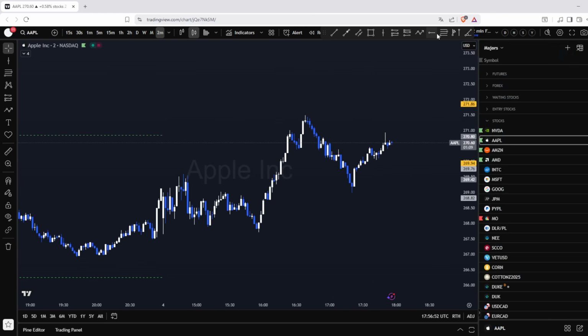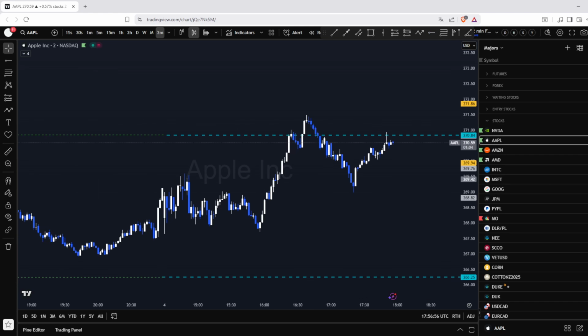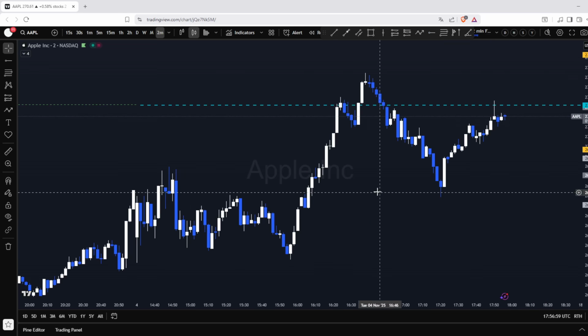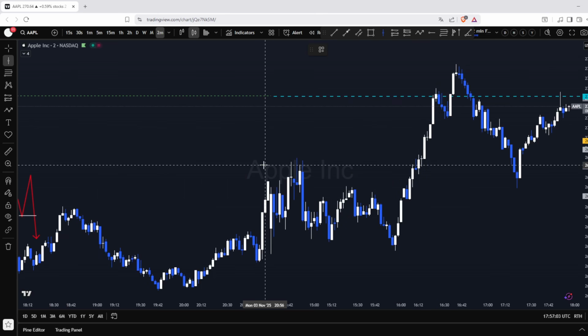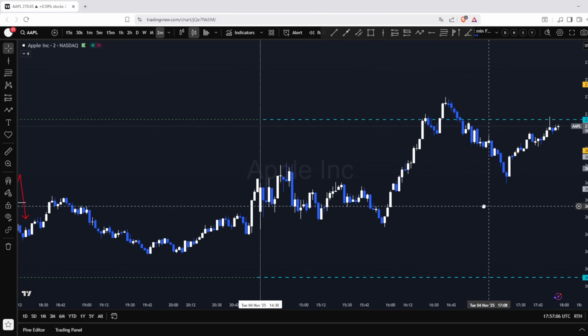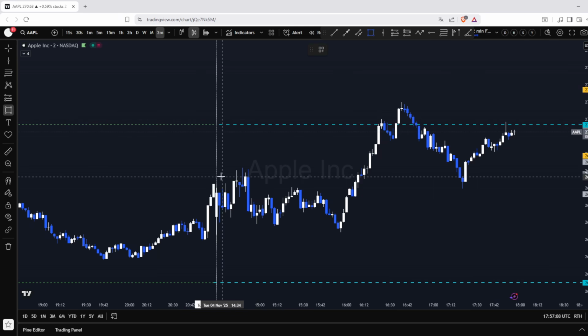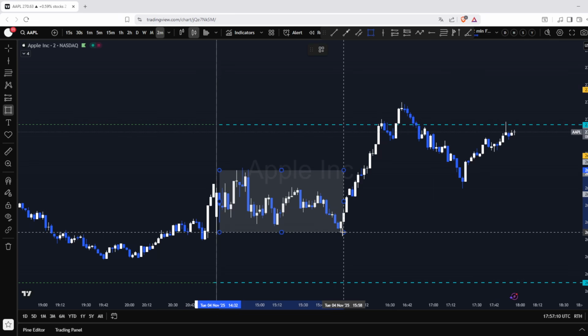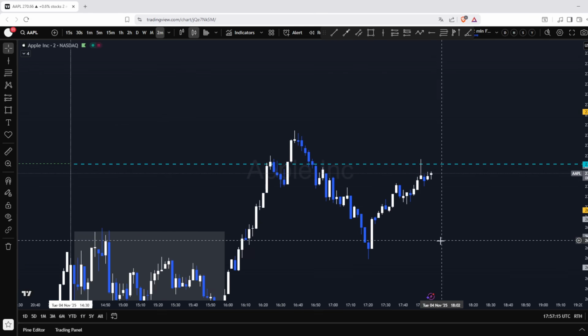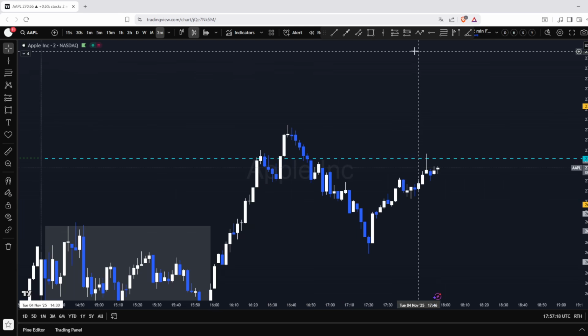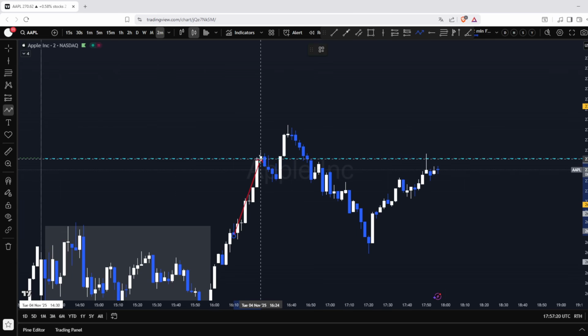Let's check Apple, our previous day high, previous day low. So market started like in here, so we were consolidating first hour of the market, then rally up, and just check this, it goes up, we are on the key level, it goes down and it breaks.